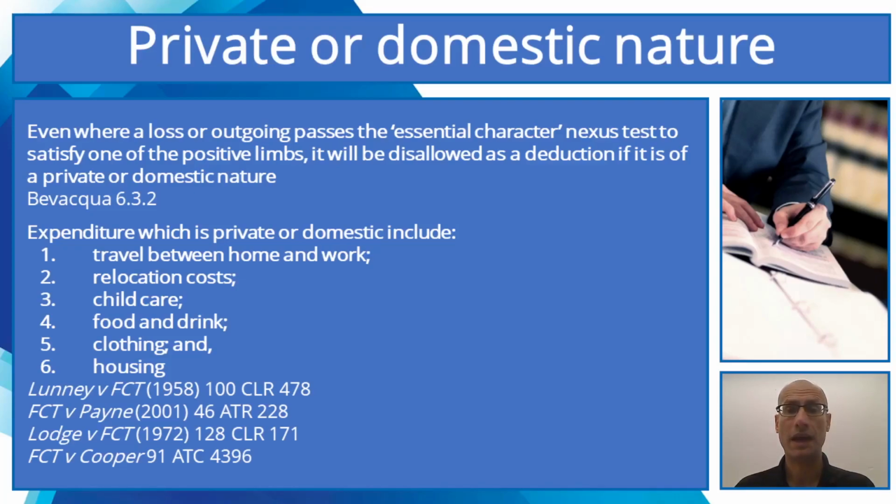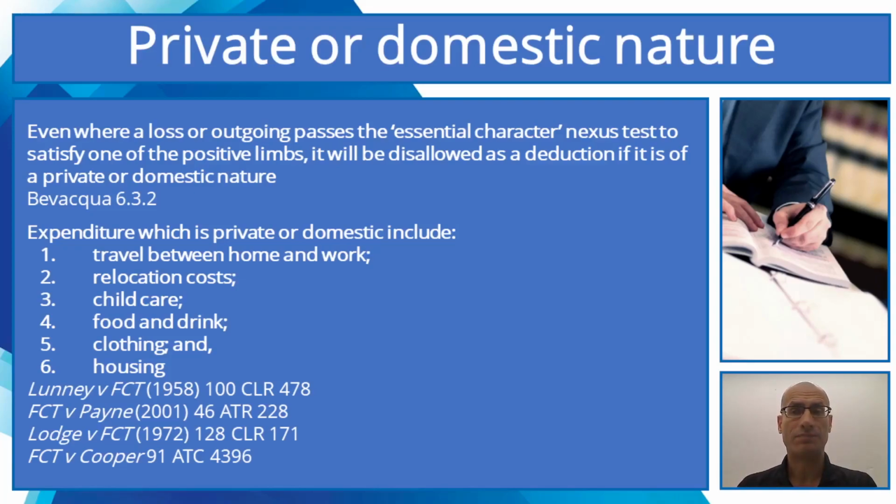And so the cases that the courts use for the essential character nexus test and look at this second negative limb are functionally the same thing. In most situations, you would have to somehow have passed the essential character nexus test in order to then have to go and examine the second negative limb.